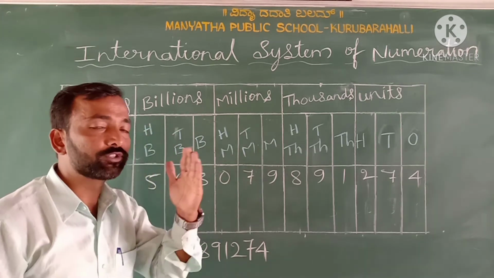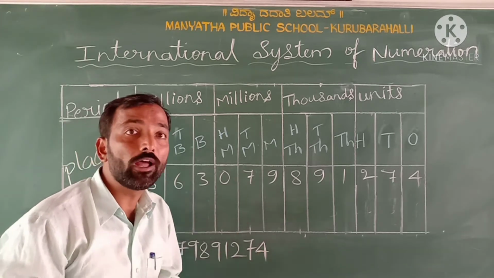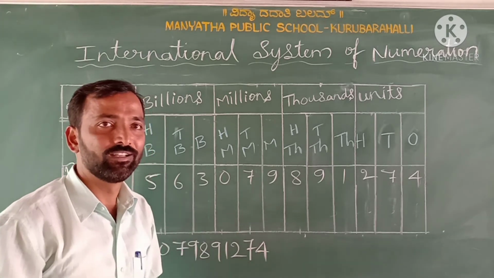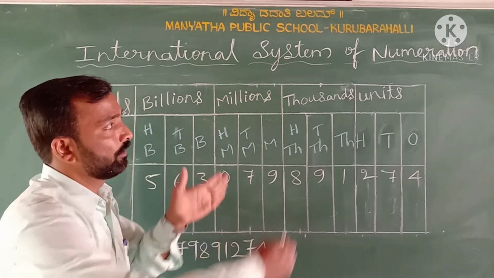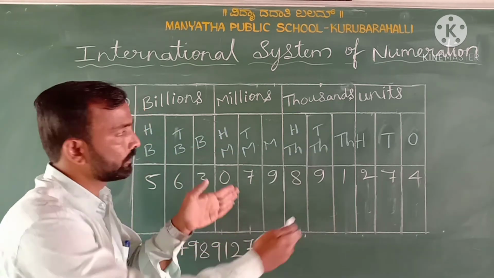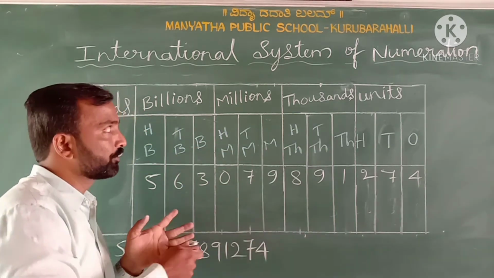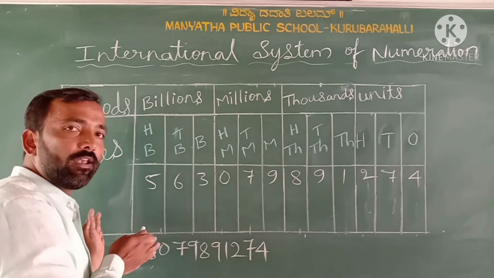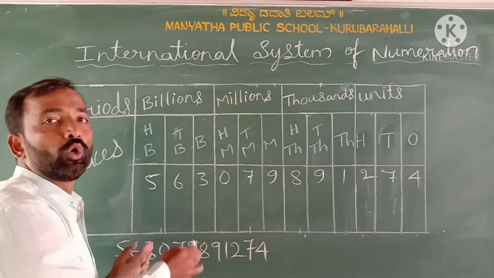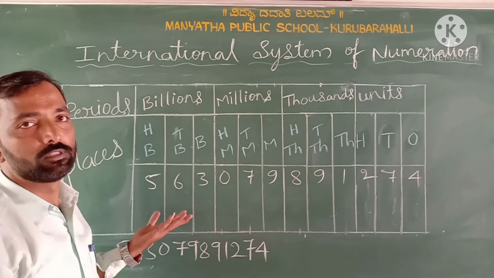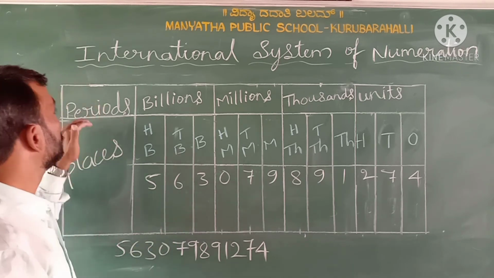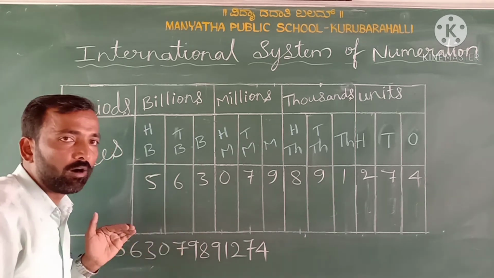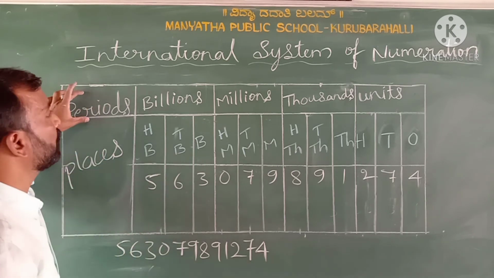See the next concept, how you put the commas. In the Indian system, first units, next two digits thousands, after 2 digits the lakhs, and again here, the crore. But here it is something different. While putting a comma, just see the periods.